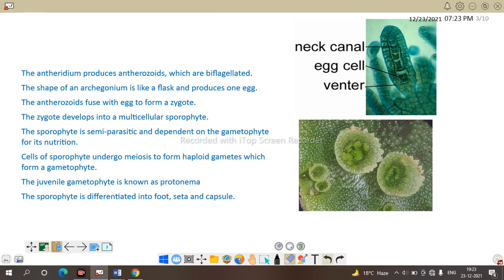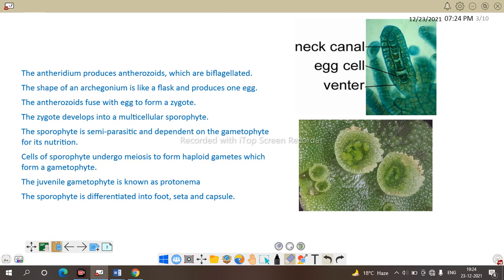It contains flask-shaped archegonia, which represent the female reproductive unit, and club-shaped antheridia, which are the male reproductive unit.